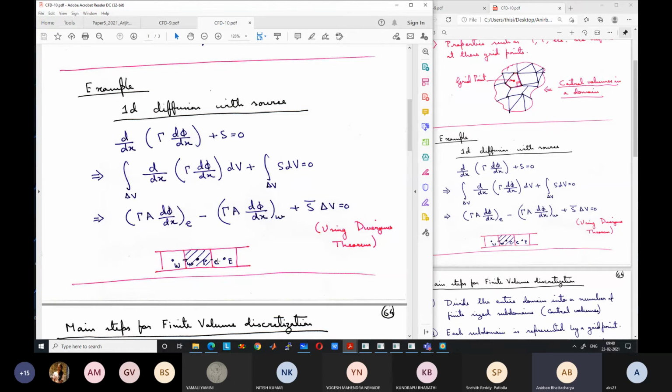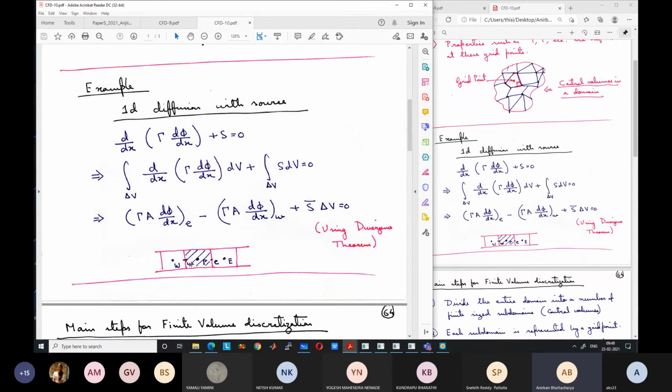We will find it like 400 minus 300 divided by whatever is the distance. If it is 1 millimeter, divided by 1 millimeter. So this will give us the derivative d phi dx. Similarly, for the west side also we can find. If this value is 250, we will find this as 300 minus 250 divided by this distance, 1 millimeter.